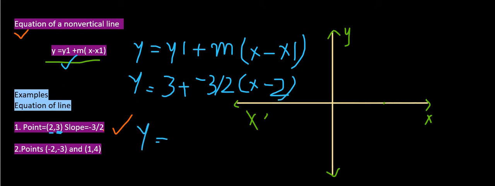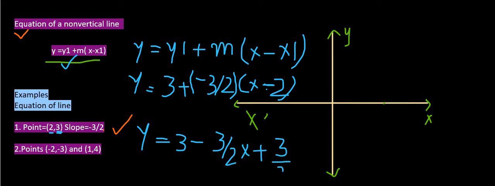So we put over here plus minus minus 3 over 2, and we multiply the fraction value of slope inside the bracket, and minus minus will become positive when we multiply it inside the bracket, and here is our 3 over 2 multiplied by 2, and we will get 3.